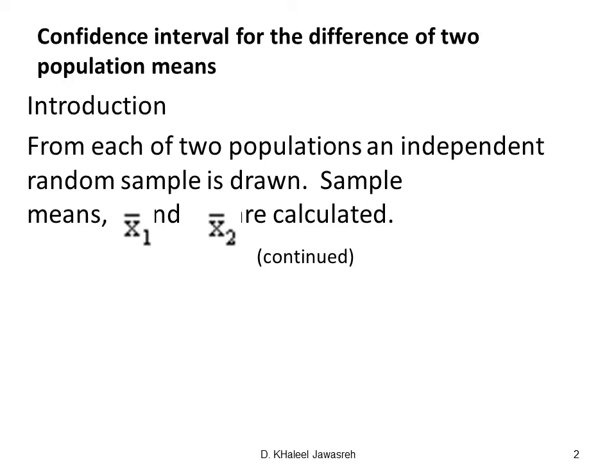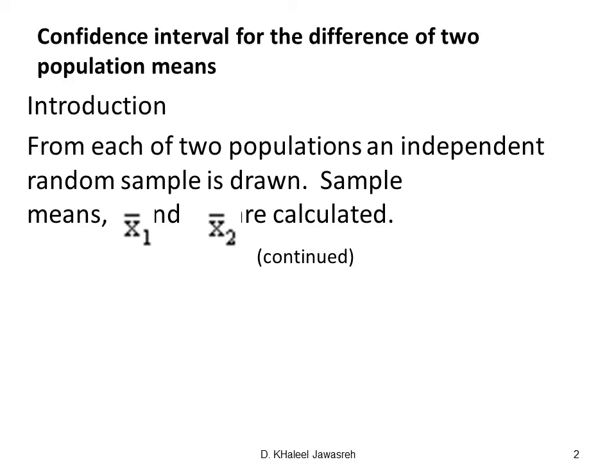So this was a general formula just to estimate the confidence interval for just one population, to look for the average of something drawn from a large population.